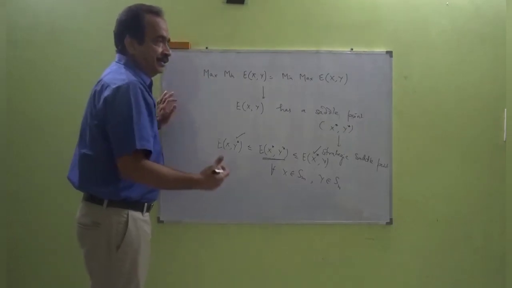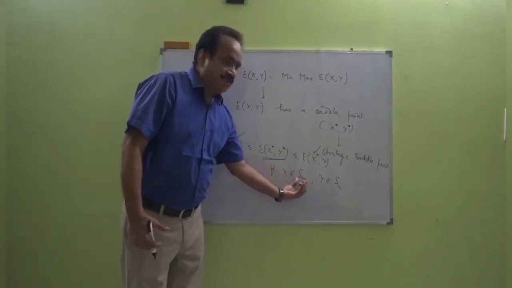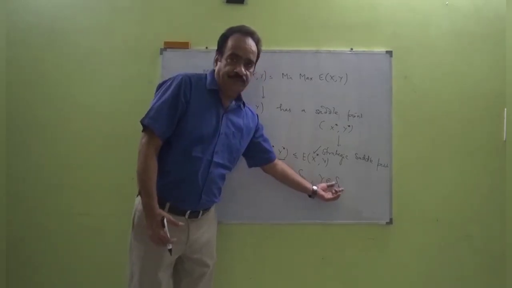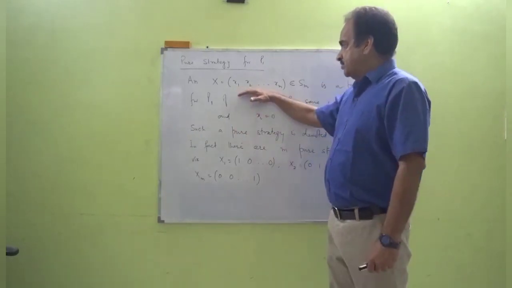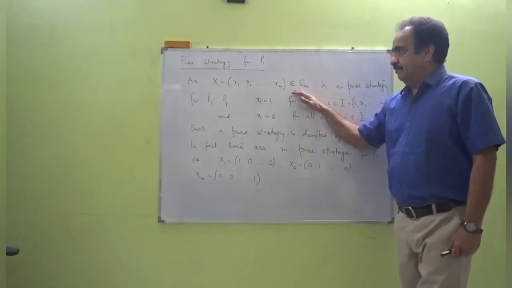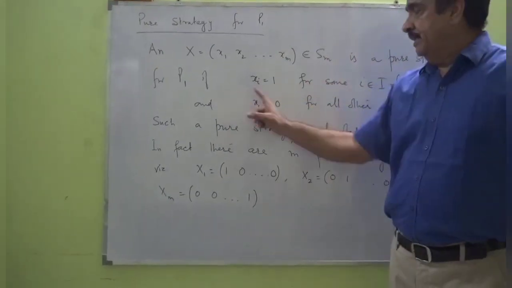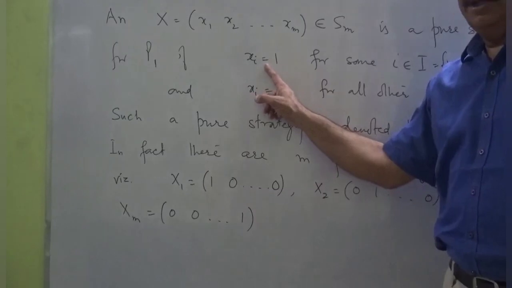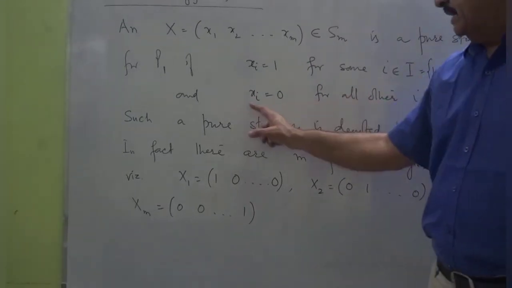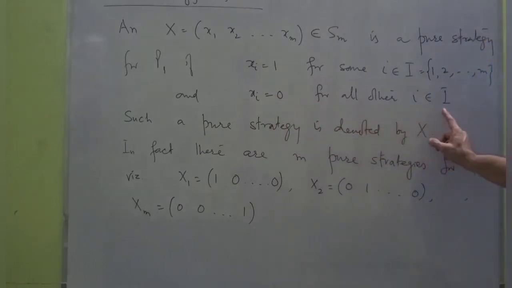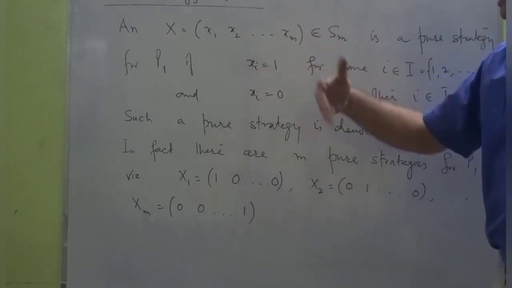Now before moving further, we'll try to define some particular types of mixed strategies for P1 as well as for P2. Let's define a pure strategy for P1. x = (x1, x2, ..., xm) in Sm, that is a mixed strategy, is a pure strategy for P1 if xi is equal to 1 for some i in 1 to m and xi is equal to 0 for all other i's. It means that one of the components of x is 1 and the others are equal to 0.